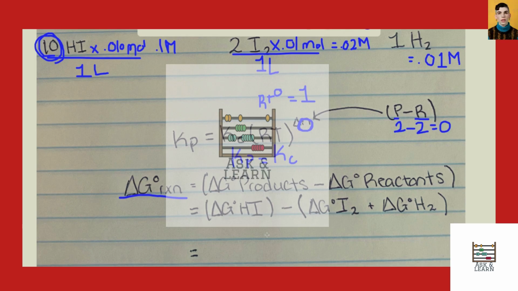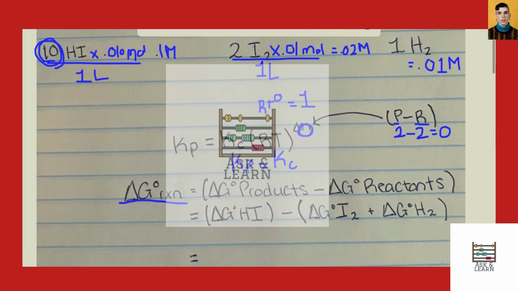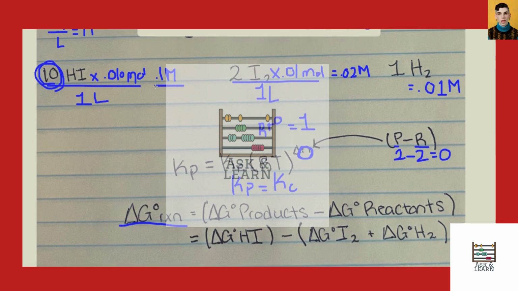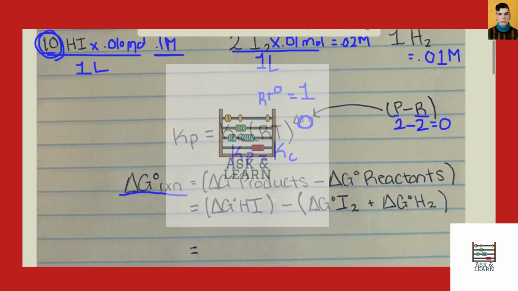I like to make a little skeleton here so we know exactly what we're plugging in. Delta G of HI minus the delta G of I2 plus the delta G of H2. And remember, we want to include the coefficients, but since we want the delta G of the reaction specifically for the picture that we're given, we want to use these concentrations.